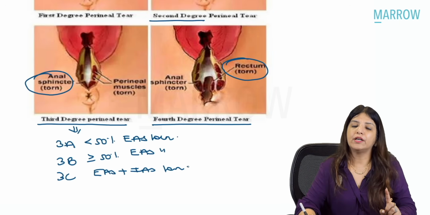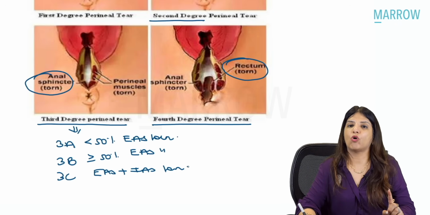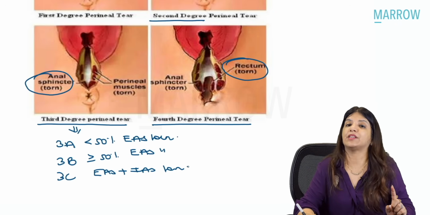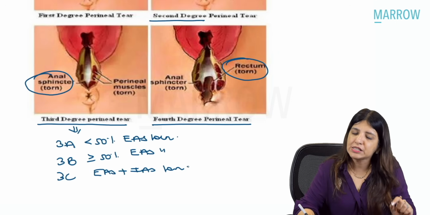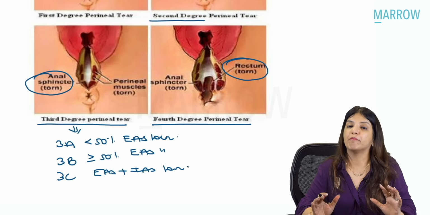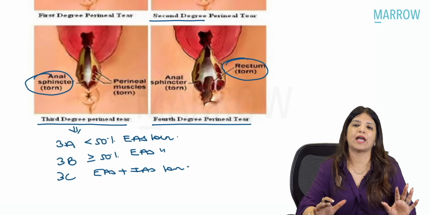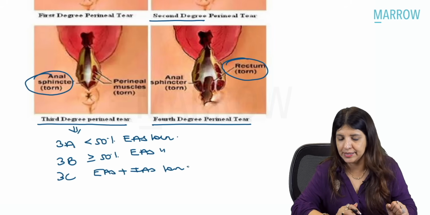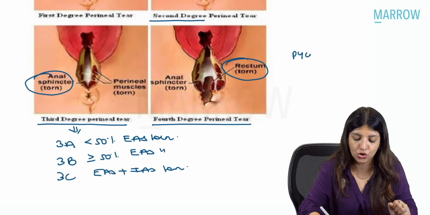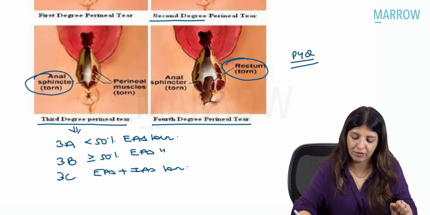Please remember, third degree and fourth degree perineal tears are called complete perineal tears, and they have to be repaired in OT under general anesthesia. But first degree and second degree perineal tears are comparable to episiotomies, and they can be repaired in the labor room under local anesthesia. Right? Again, this was this year's NEET PYQ.